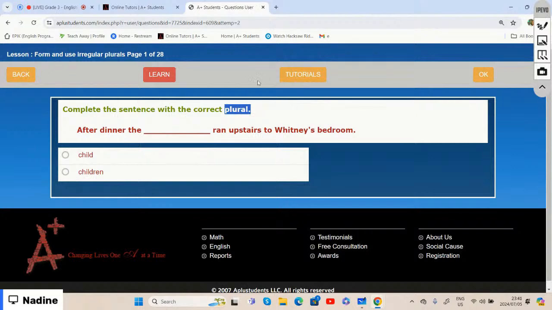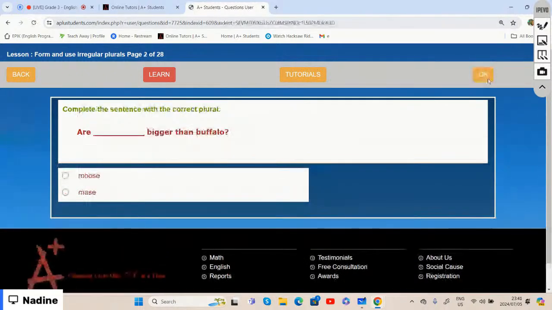So if we were to choose the correct plural, then we will say after dinner, the children ran upstairs to Whitney's bedroom, because one child is singular, but plural refers to more than one, children. So well done. Option two is correct. Children is correct.